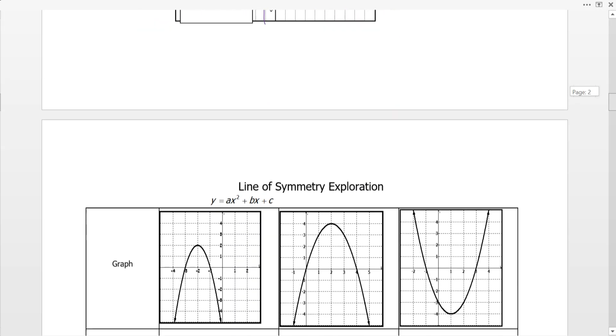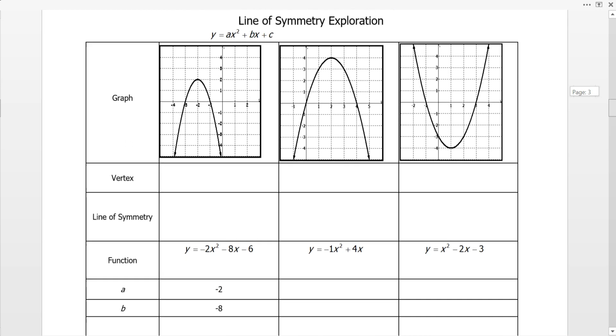Okay. So let's talk about lines of symmetry. Here is our equation for the standard form of a quadratic equation. And we have 3 different graphs that we're going to look at for the lines of symmetry.